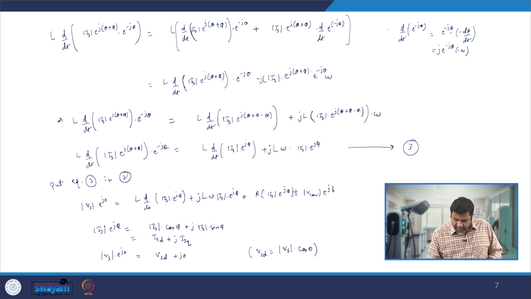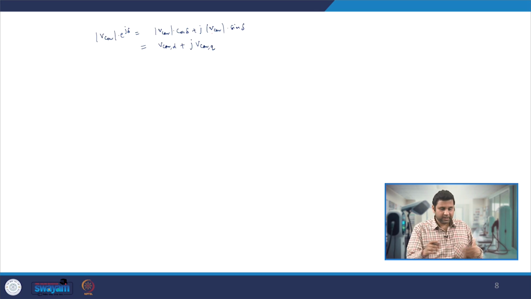So now let us take this particular equation, equation number 4, and try to write it down in terms of D and Q components.